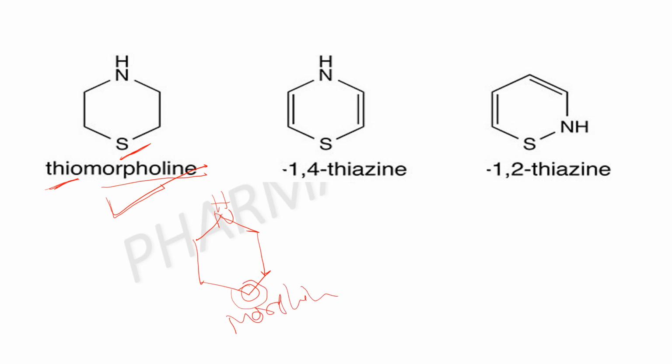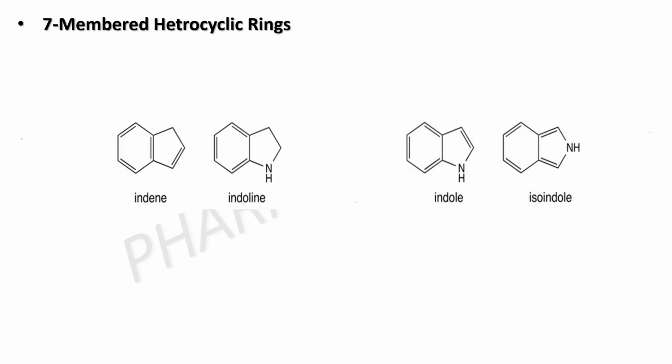Instead of oxygen here, if you write sulfur, then it will become thiomorpholine. Coming to the next, thiazine. You should know the numbering. Numbering should start from the heteroatom. This is 6-membered. Okay, thiazine.